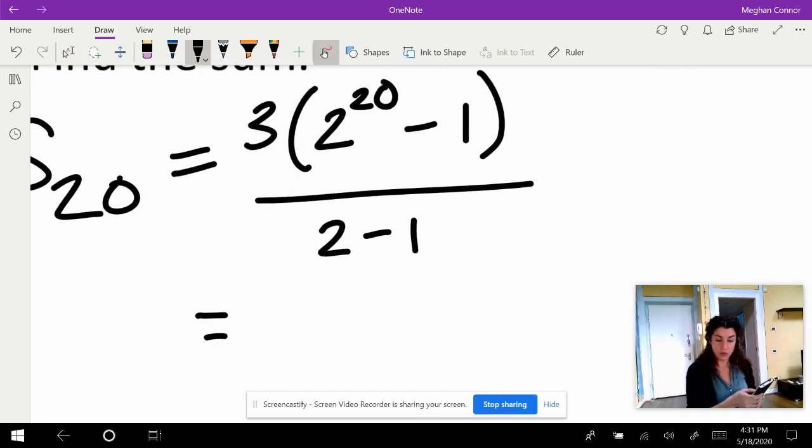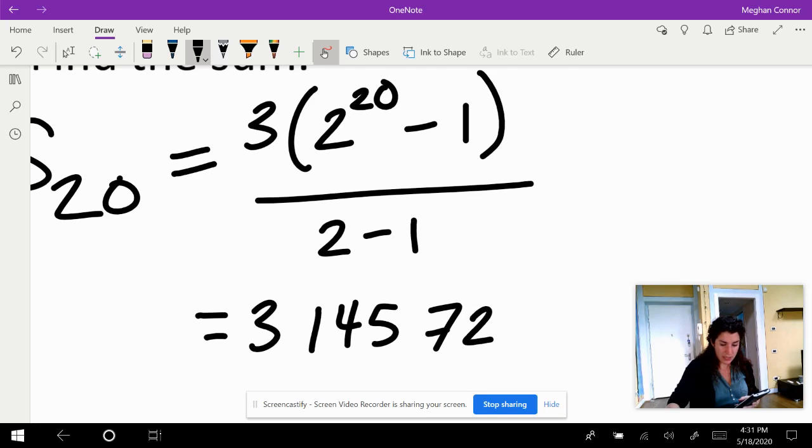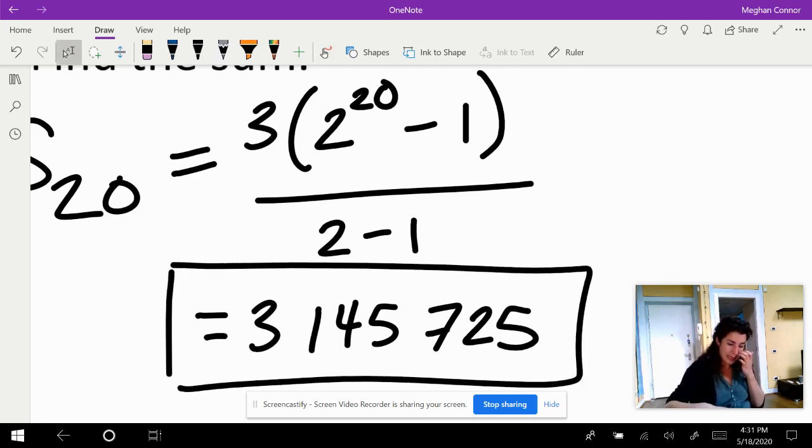Calculating that all out, if you decided to calculate it that way or using your sum notation, that is 3,145,725. And that is your answer.